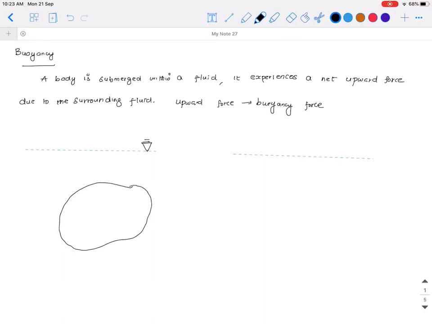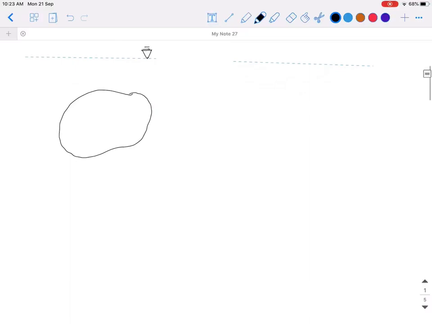Now let us consider a small element of cross section delta A.